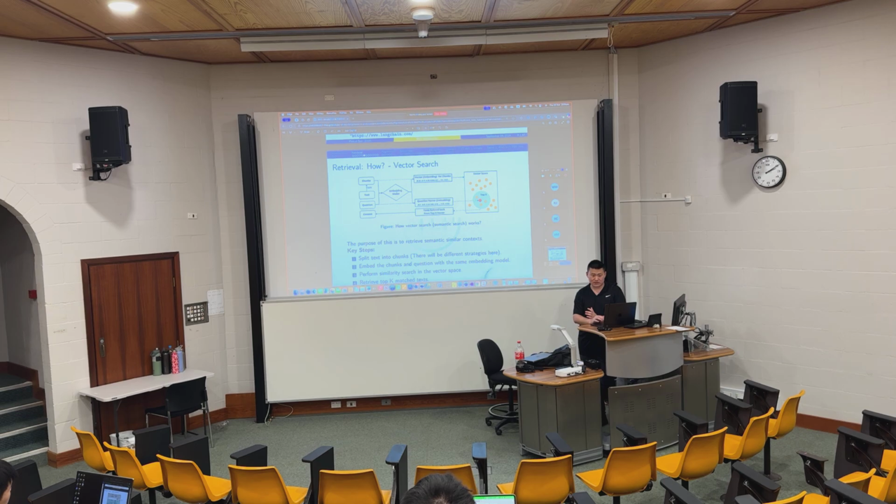The embedding model takes the text chunks as input and turns them into vectors of those chunks and puts them into the vector space. It's a high-dimensional vector, located somewhere in the embedding space. Your question comes in, is embedded by the same embedding model, and the question vector, like the red dot here, is also put into the vector space.